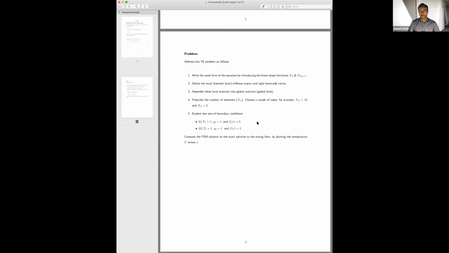And here the only playful part comes in with the number of elements that you can play around with, and with the force term, this f of x term, which you can either set to 0 or 1, and see how that affects the solution of the steady state. So that's very short and simple.